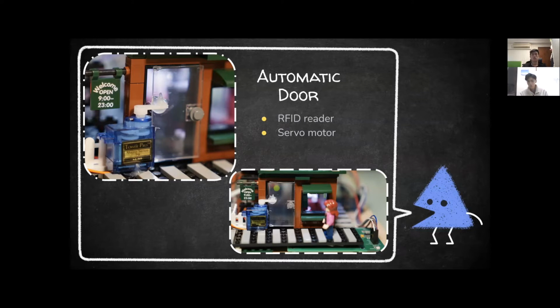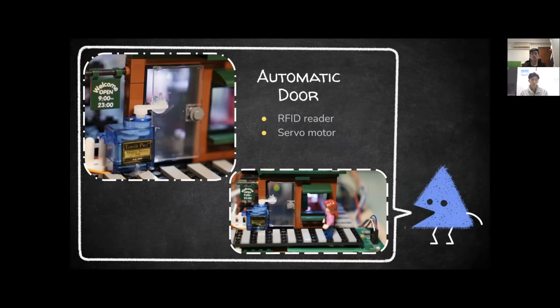So the host can just keep the tag in their bag, and they don't need a key to open the door. When they walk close to the door, the RFID detects the tag, and it automatically opens the door. So this is about the automatic door.